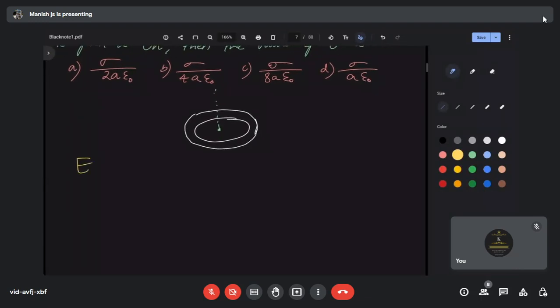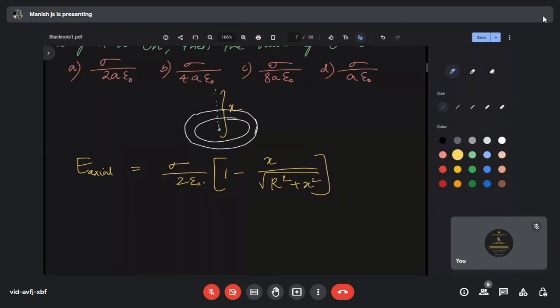So E at an axial point for a disc, I am writing it. I am giving you the formula exclusively for a disc. Sigma divided by 2 epsilon naught times 1 minus x upon root of r square plus x square. Here x is the distance from the center of the disc to the point, and r is the radius of your disc.